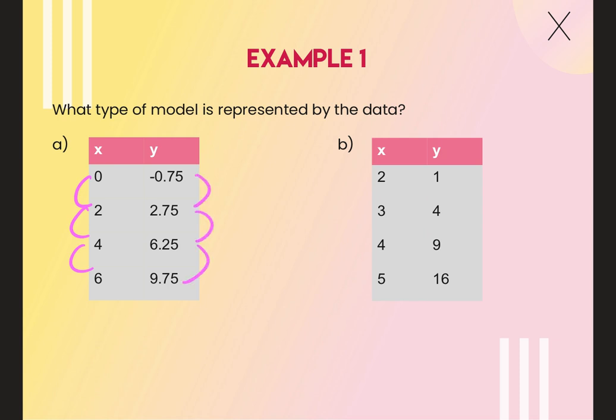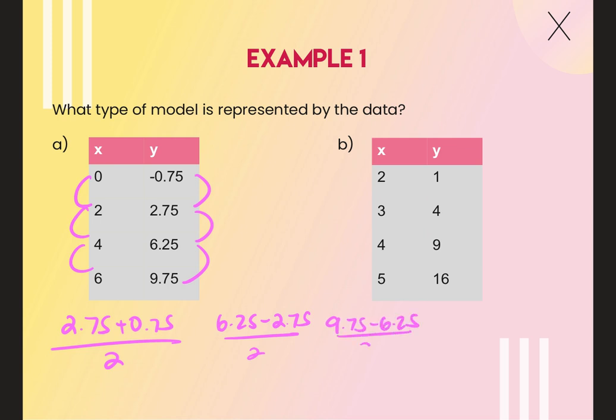If I wanted to find the rate of change, I actually have to do y2 minus y1 over 2 over 0, okay? So it's going to be 2.75 minus a negative 0.75 over 2. And then it would be 6.25 minus 2.75 over 2. And then it would be 9.75 minus 6.25 over 2.